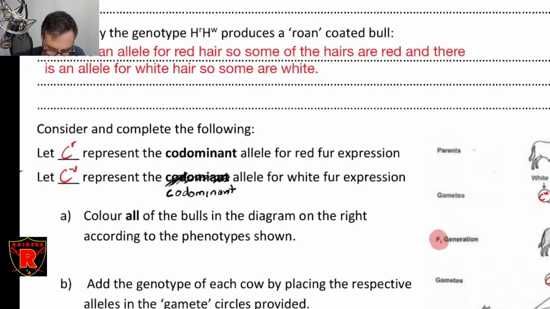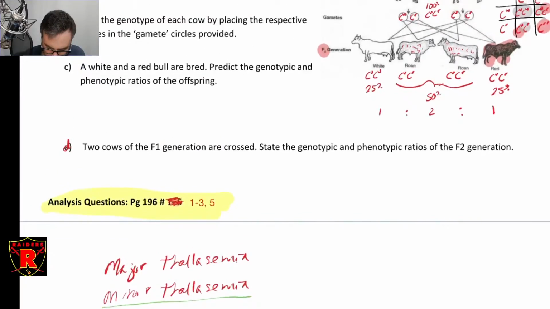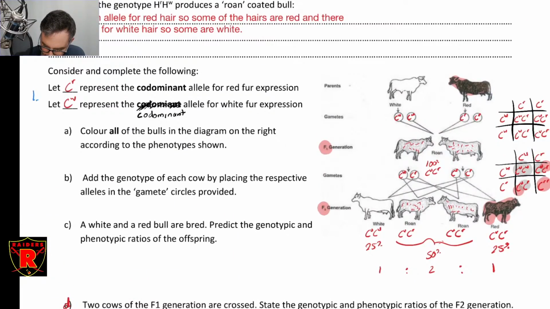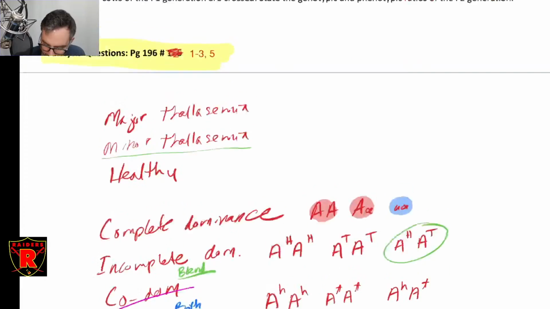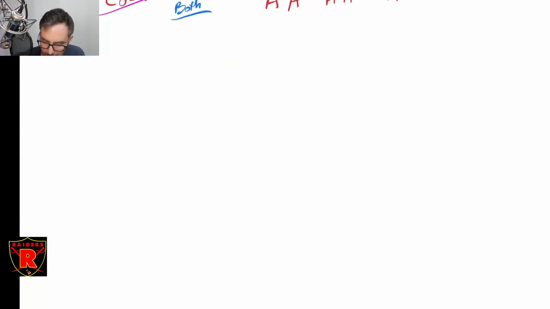So what does this look like in an actual genetics problem? I'm going to take this example here, and I'm just going to do it on the next page because it's a little bit too small. So I want you to imagine a scenario where we have a red cow and a white cow.